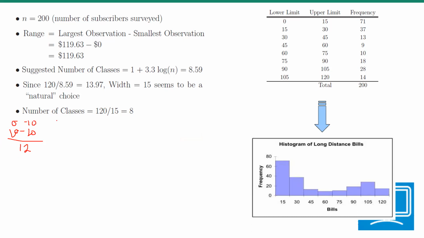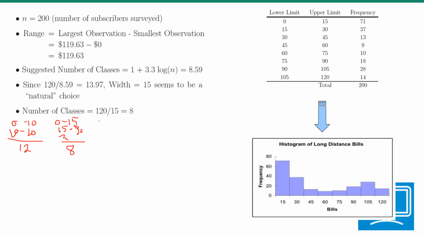If you do 0 to 15, 15 to 30, 30 to 45, and so on up to 120, you get about 8 bins, right?